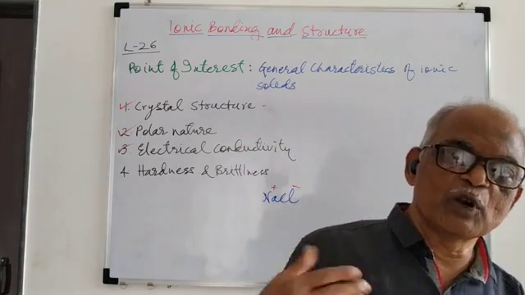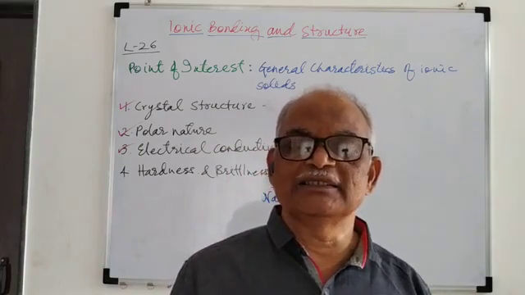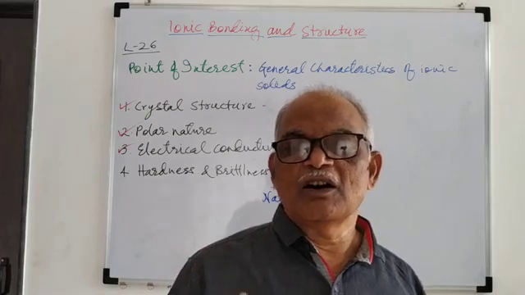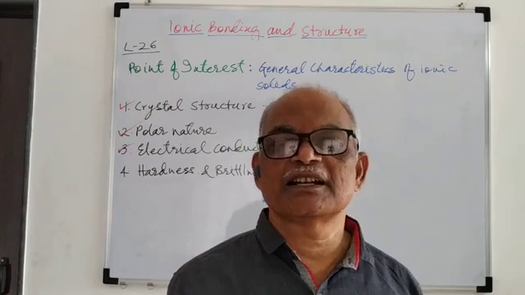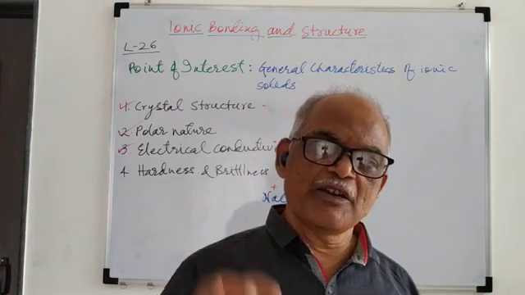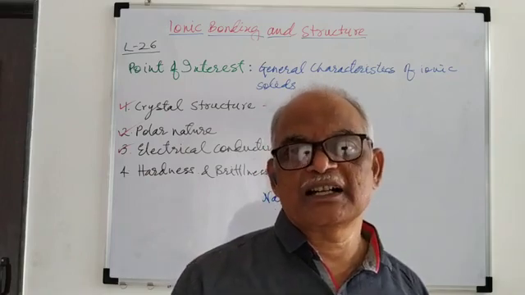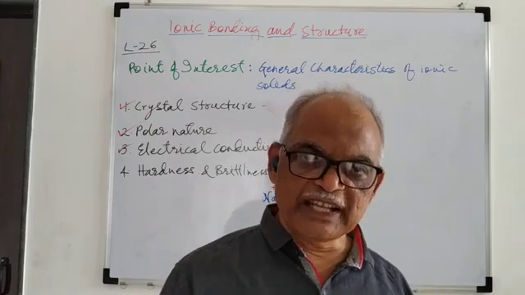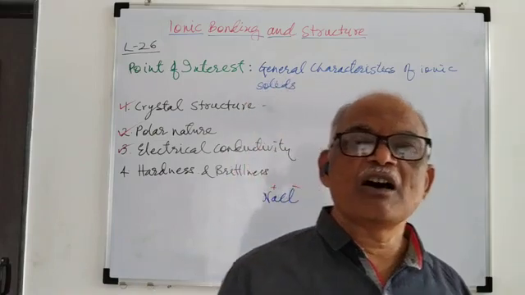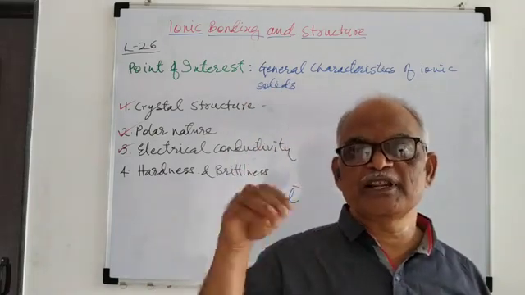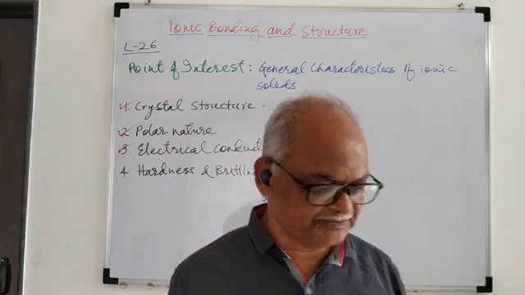But when they are obtained in the molten state, after heating, the ions become mobile, and such a molten state of ionic solids can exhibit electrical conductivity easily. So ionic compounds in their solid state are bad conductors of electricity, but in the molten state they are good conductors. Or when these solids are dissolved in a polar solvent like water, they can also exhibit electrical conductivity.